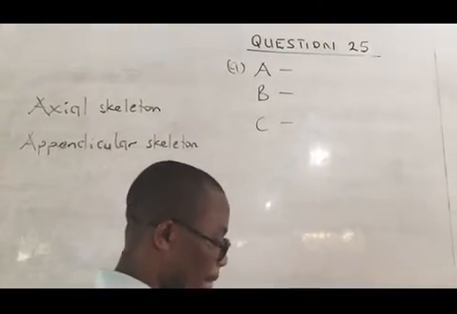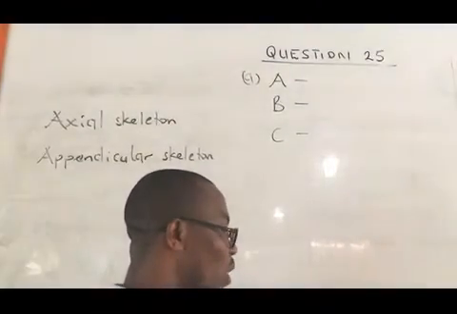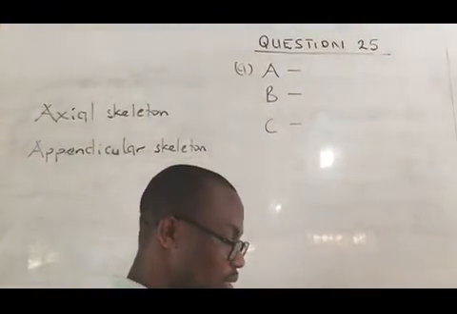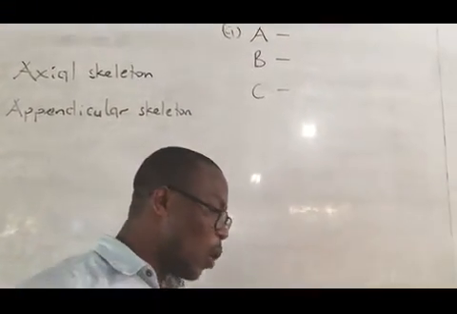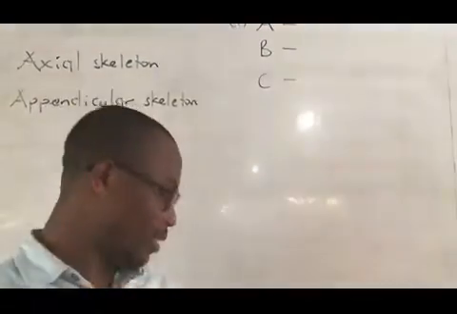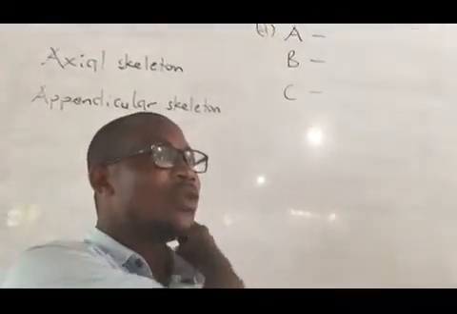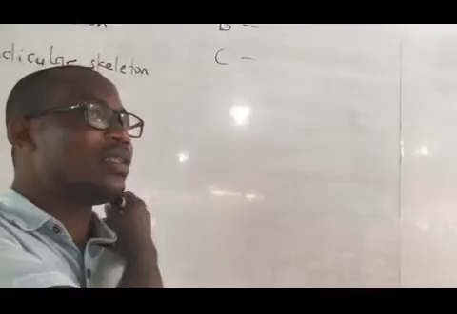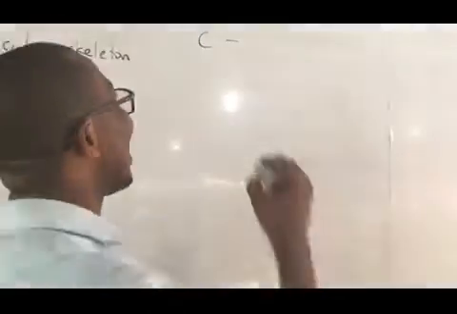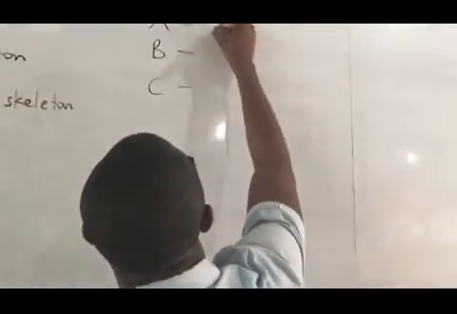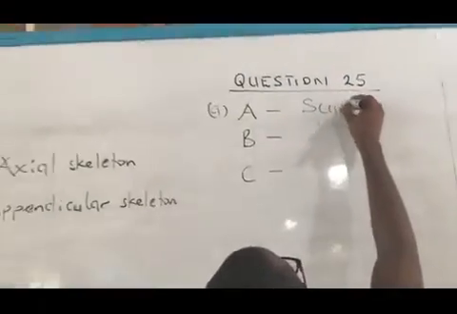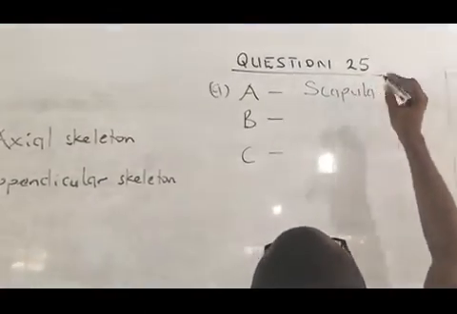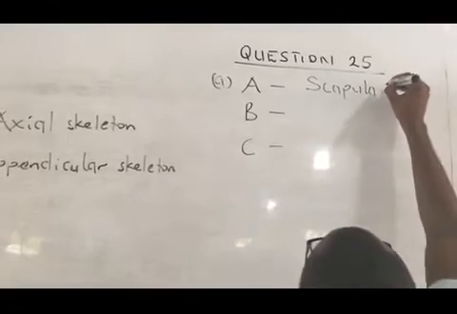Now the A is what we call the scapula, or the shoulder blade. So the bone found in the shoulder. That's what we call the scapula. So A is the scapula, or you can say shoulder blade.